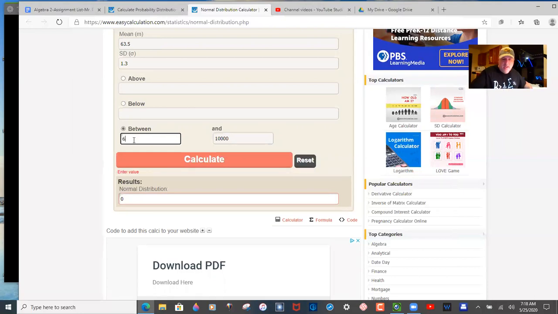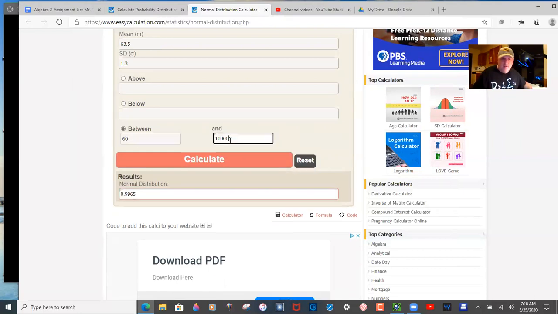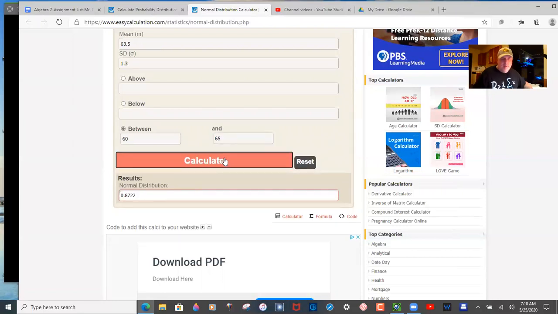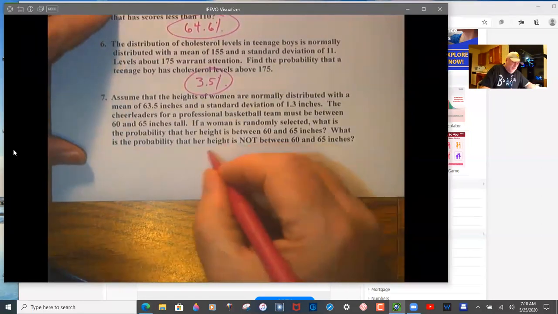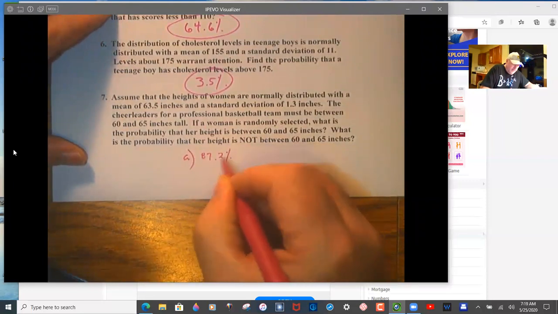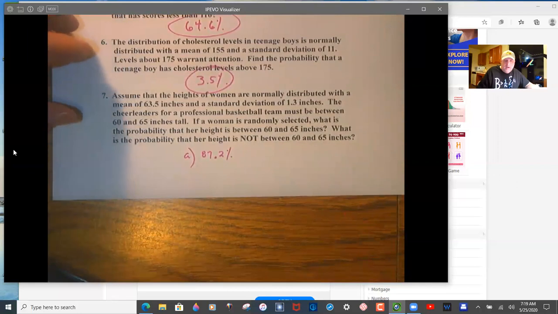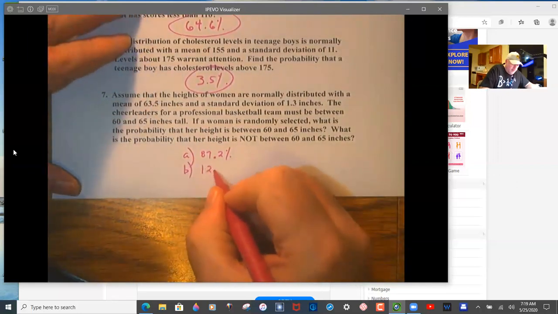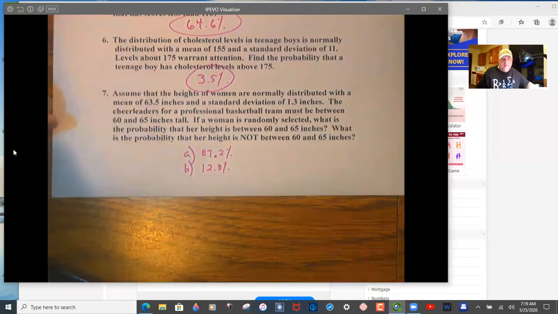And we're just going to subtract from 100% to figure out what's called the complement. So 0.872, so 87.2% chance, we'll say for the first part, that the women are. And then just do 100% minus that, and it's a 12.8% chance that they are not in between those two.